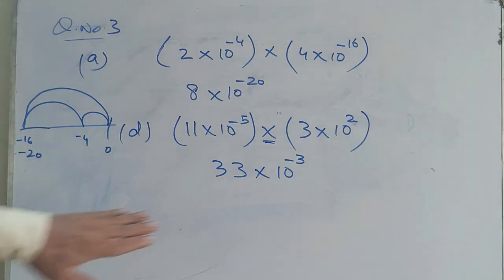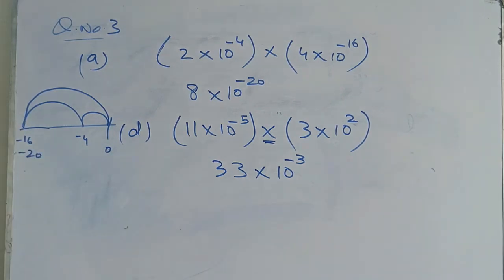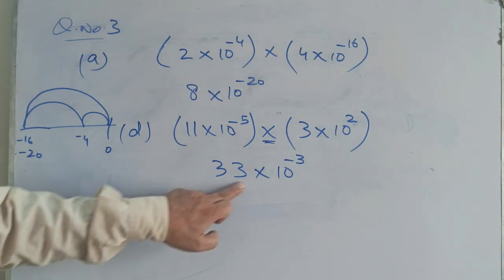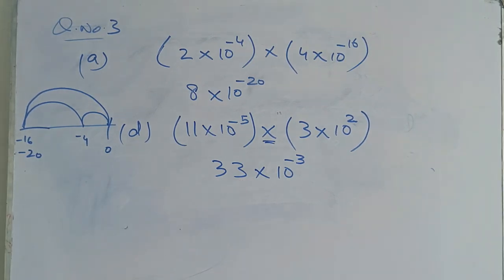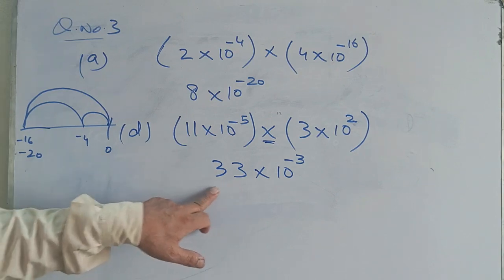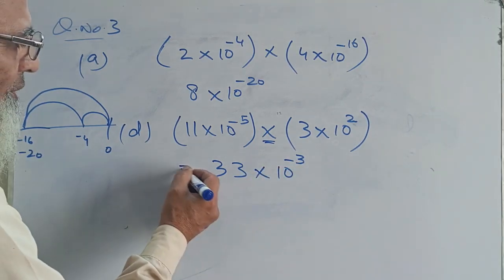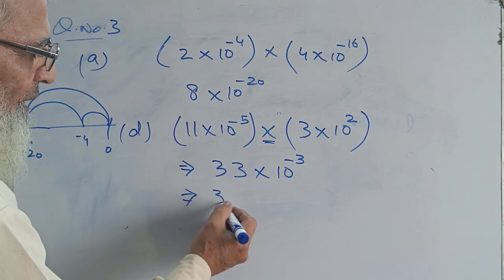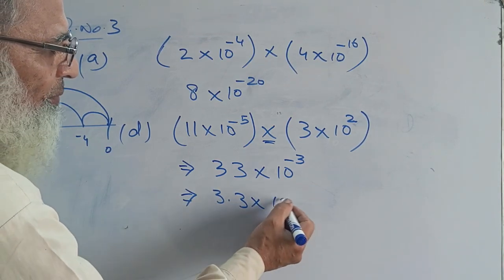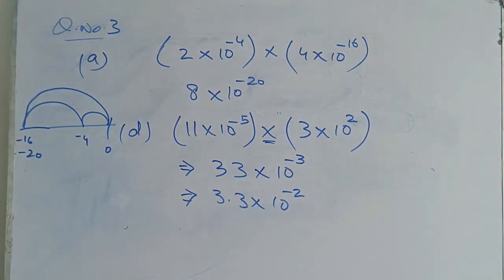Now you see that this is not finished as yet. I told you that this double number is not acceptable over here. So what we will do, we'll just withdraw one digit from here. It will become 3.3 into 10 raised to power minus 2.